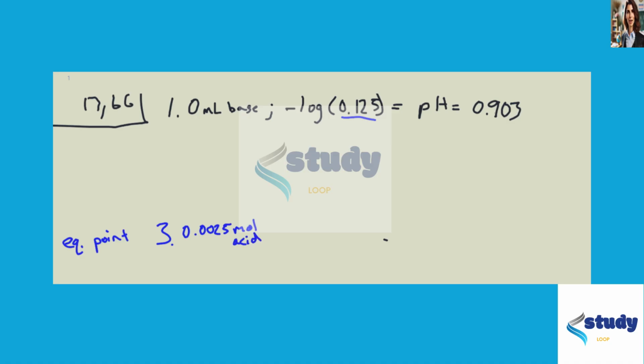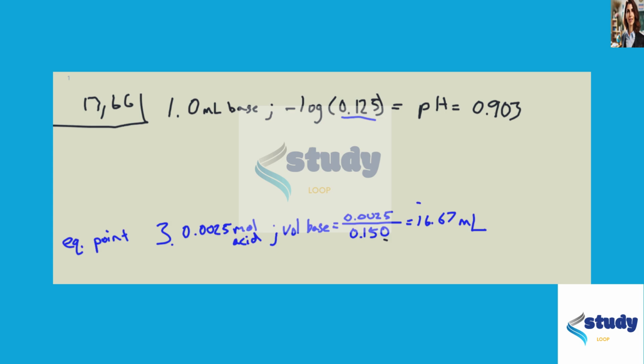And so at the equivalence point, this should also equal the amount of base that we have. So to get the volume of base that we need to use to get this, we are going to divide this amount of moles, 0.0025, by the concentration of base, which is 0.150, and then this will be equal to 16.67 milliliters.